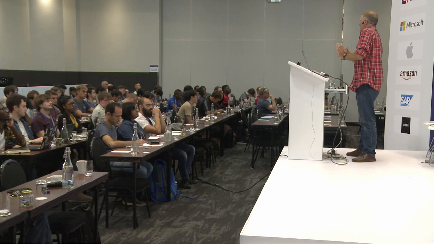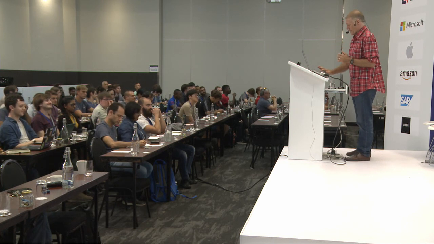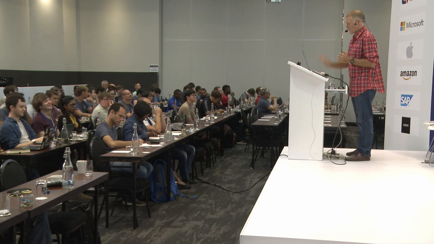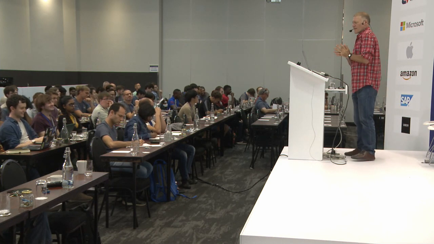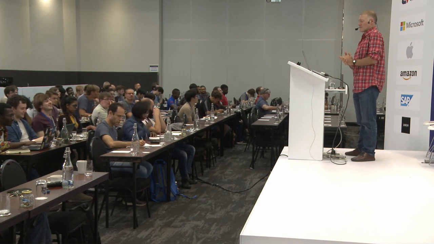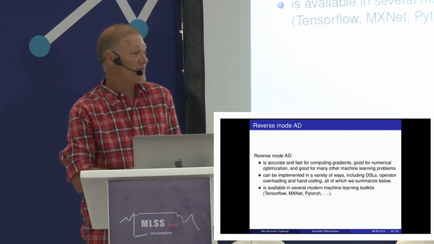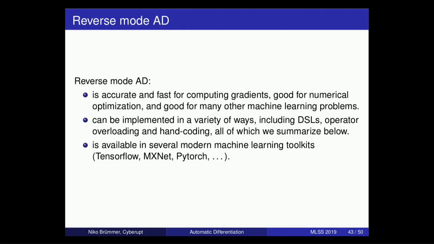Okay, looks like everybody has a deep understanding of forward mode, and we can go to reverse mode. Just to recap, reverse mode is accurate and fast for computing gradients. Therefore, it's good for numerical optimization and maybe for a whole bunch of other machine learning problems.